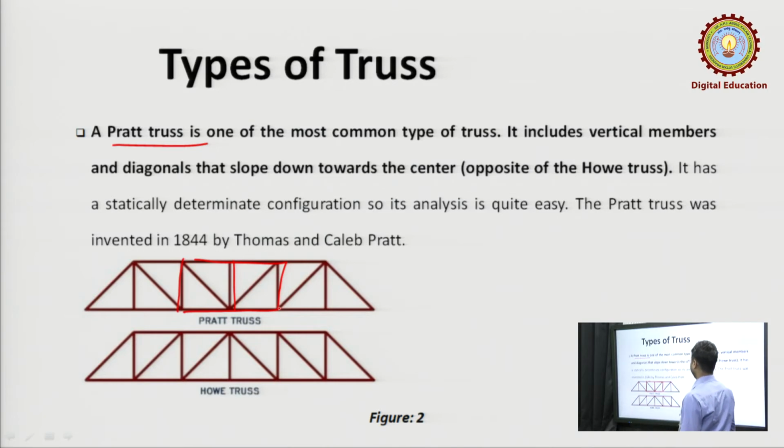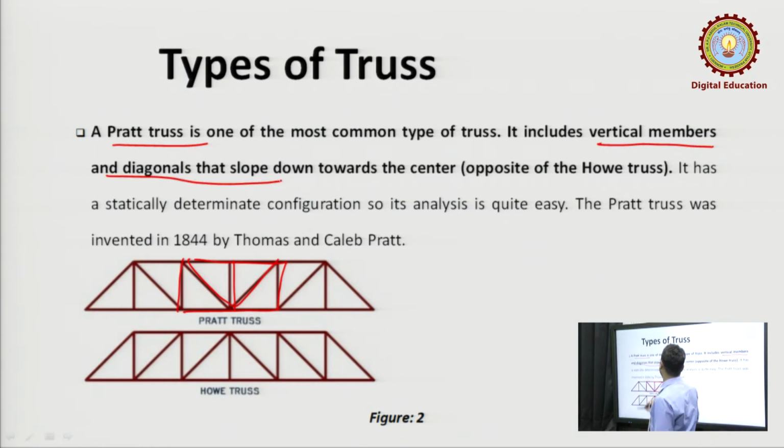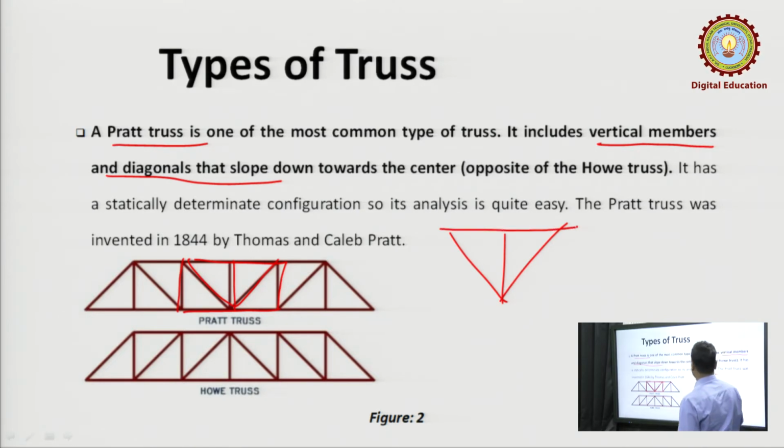The shape in the middle of the truss is an inverted K. You can read here, a Pratt truss is one of the most common types of truss. It includes vertical members and diagonal members that slope down towards the center. Down towards the center, that means like this. If this is a member, it slopes down towards the center.